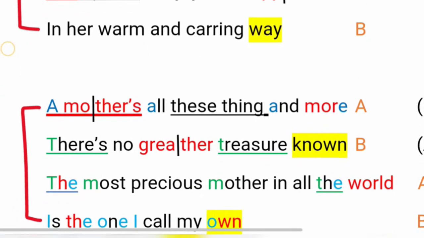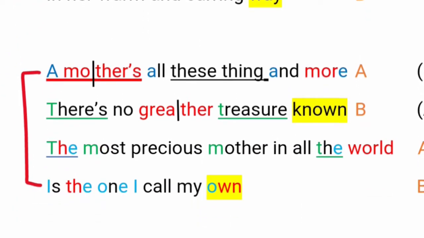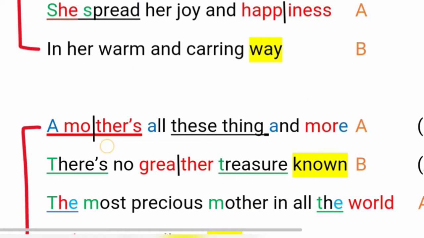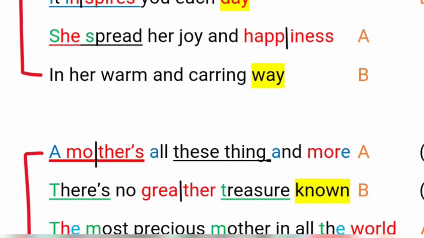In the third stanza, you can see this and thing have the same alliteration.